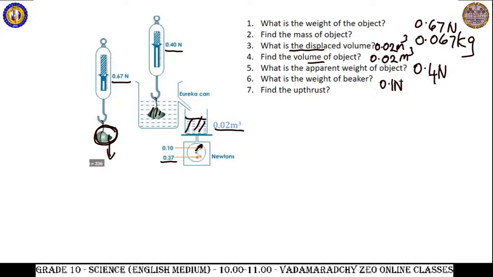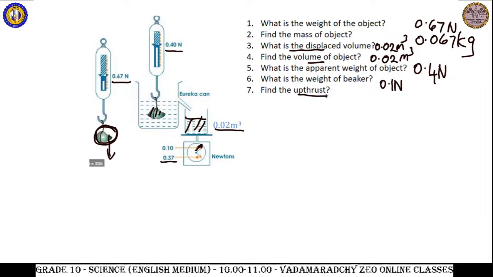Final question, find the upthrust. Okay, we can find this upthrust in two ways. By the Newton balance reading, we can say the upthrust is equal to real weight minus apparent weight.